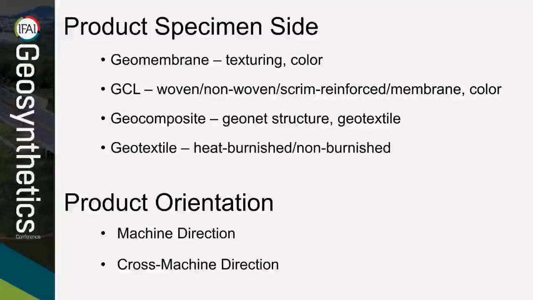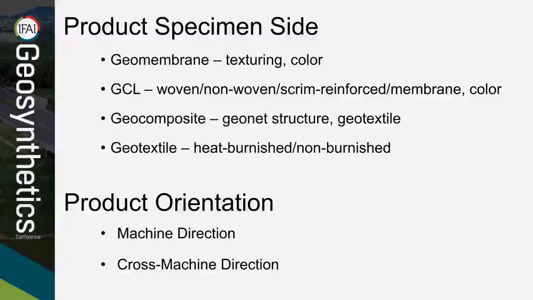It is important to note that many products differ from one side to the other, and thus the appropriate side at the interface should be identified, such as texturing for geomembrane, the cap and carrier textile or membrane for GCL, the geonet structure or geotextile type or weight of a geocomposite, and whether a geotextile is heat treated.